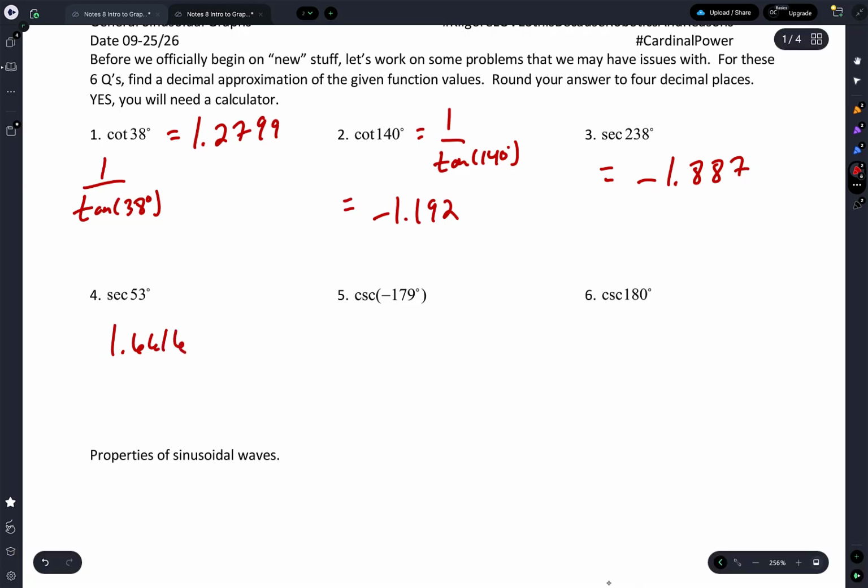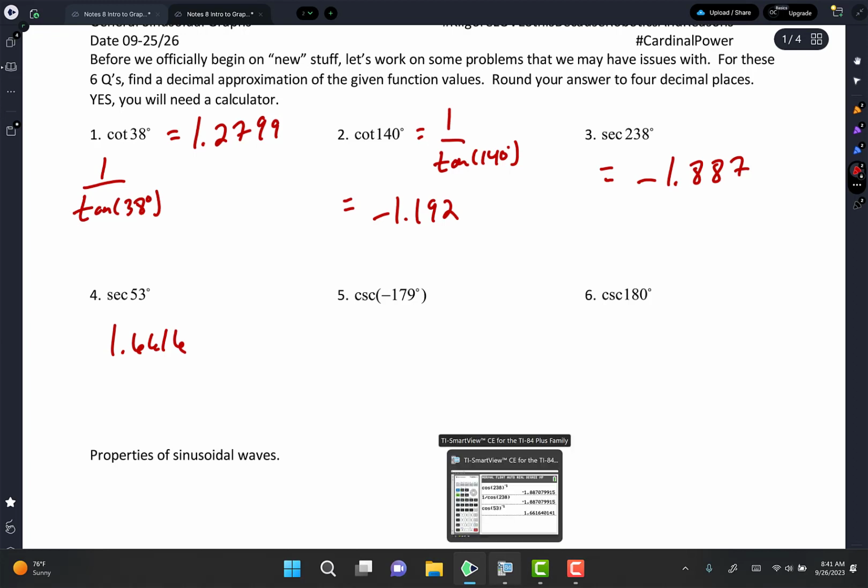Cosecant of negative 179. What quadrant is that? Negative 179 degrees. It's not quadrant 2. It's quadrant 3 because you're going clockwise. Start at the positive horizontal x-axis, go towards quadrant 4, and you're in quadrant 3, and you don't quite reach the negative x-axis.